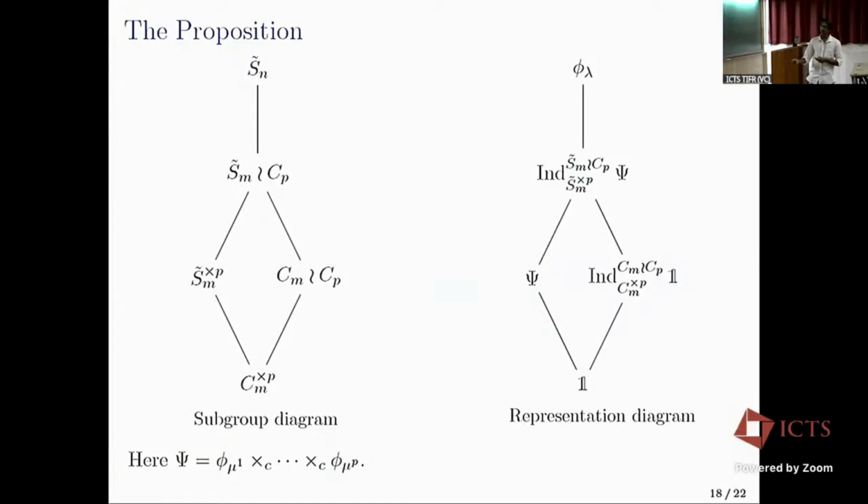And I reproved his result using a proposition like this in the symmetric group, which only uses representation theory. So this has a nice analog in the double cover as well. So you mean Swanson's result? Yeah. So the analog is now a bit easier in the Sn tilde. So we were able to manage, yeah.